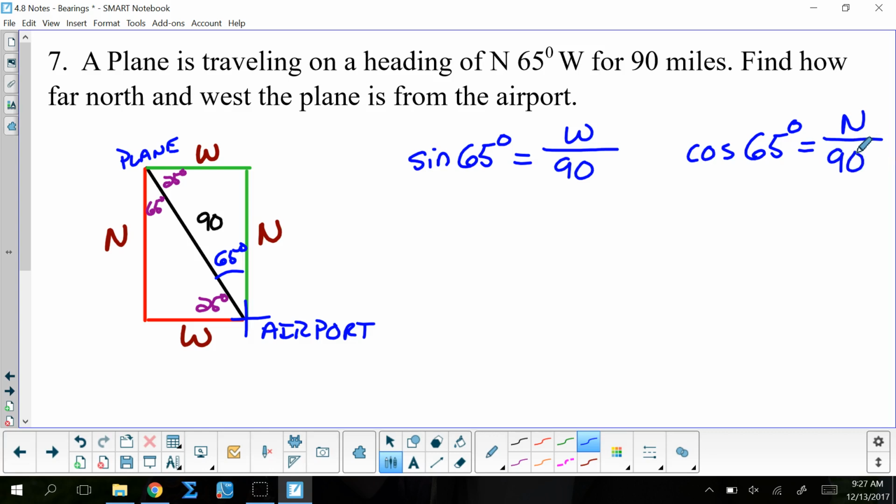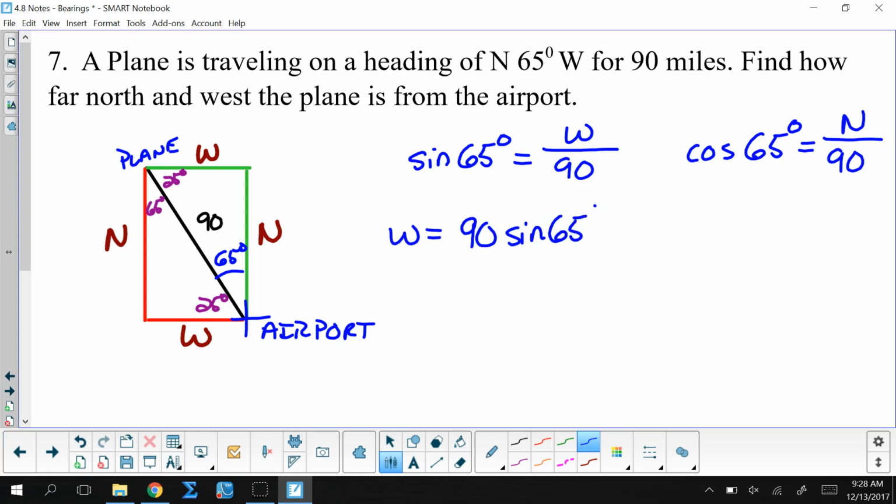I could have also gone with the sine of 25 degrees is my north component over 90. If I solve those, my west component is 90 times the sine of 65 degrees, and my north component is 90 times the cosine of 65 degrees.